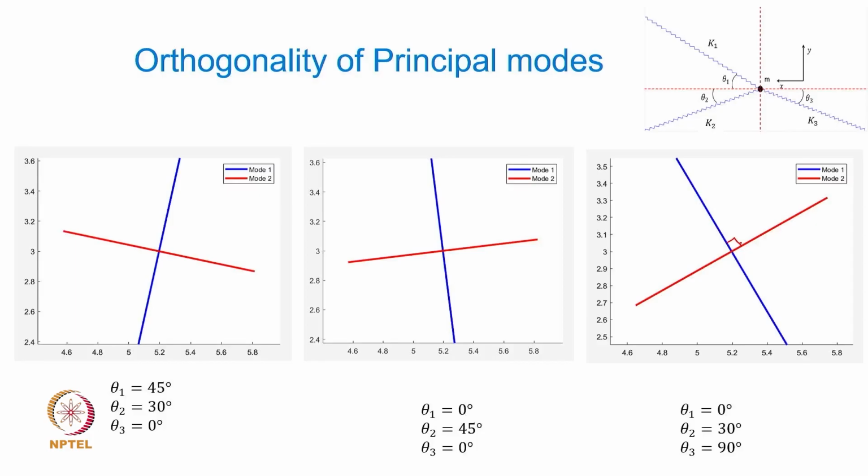The meaning of that is, if the system is executing normal mode vibration at a particular natural frequency or eigenfrequency, then the displacement pattern of the other mode does not interfere or contribute to that motion. That motion is pure in that particular mode of vibration.